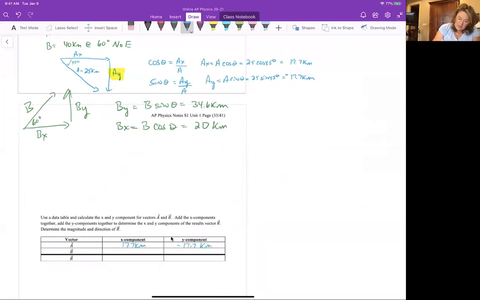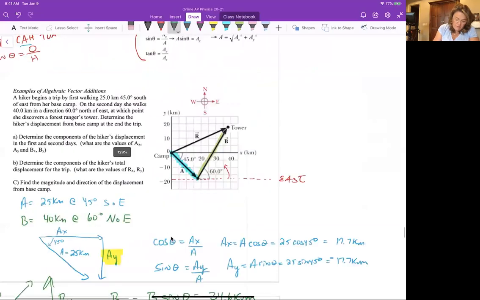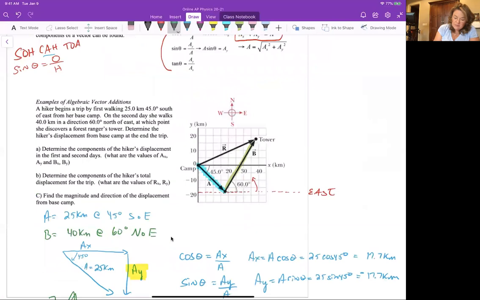And then for b, in the x it's 20, and 34.6. Okay, data tables are huge. Organize your work. It will solve many problems. You won't make as many mistakes.